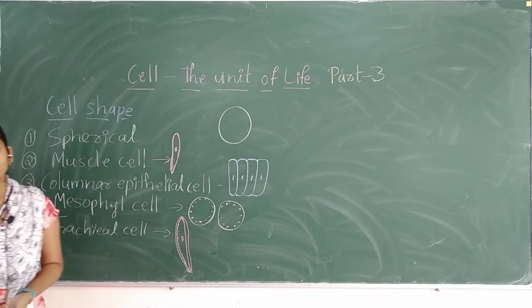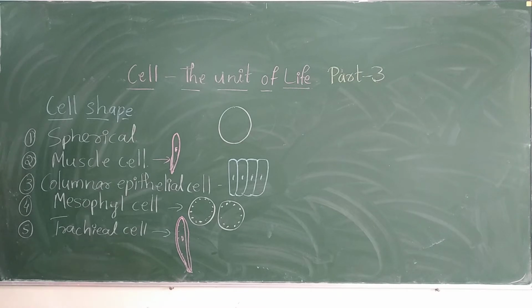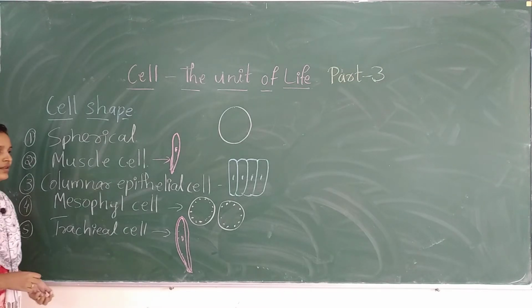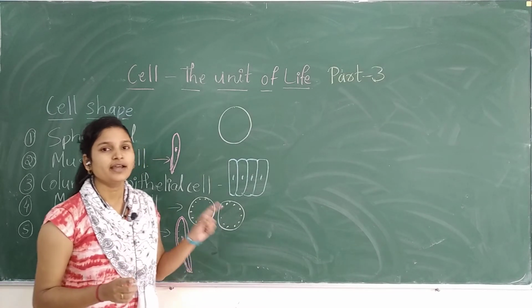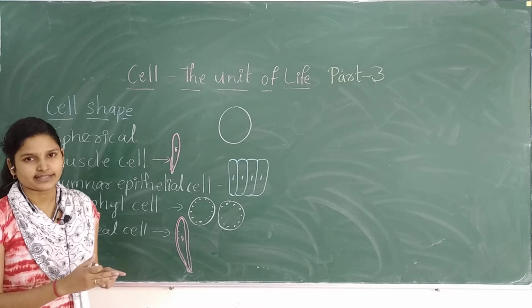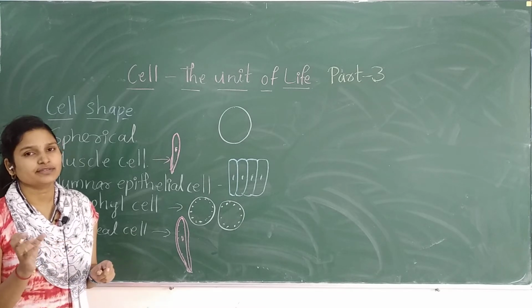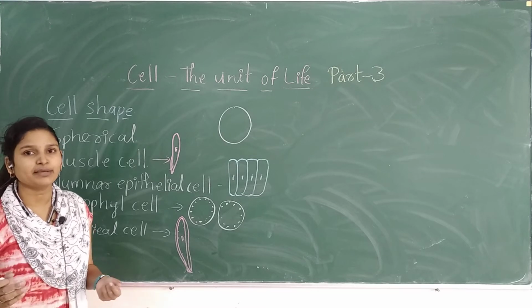Why? What is the reason? Because of the function they do. Every cell, I have already told you, is essential and performs its function. How does it perform its function? It should have that comfortableness, no?